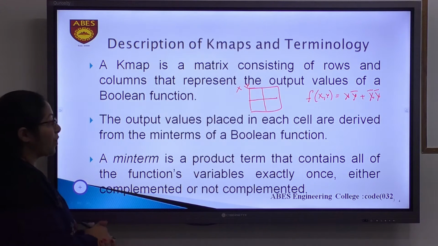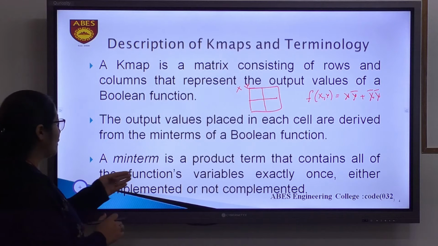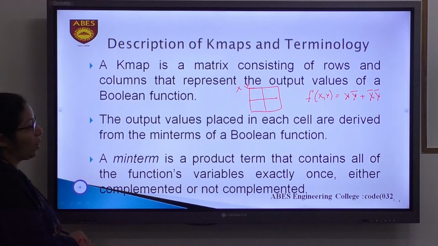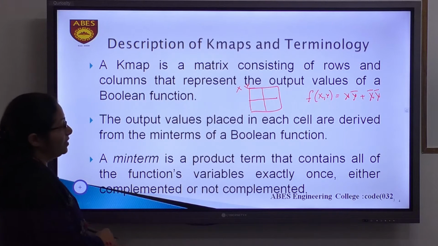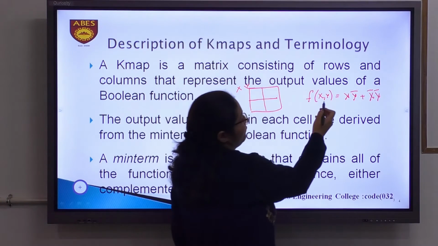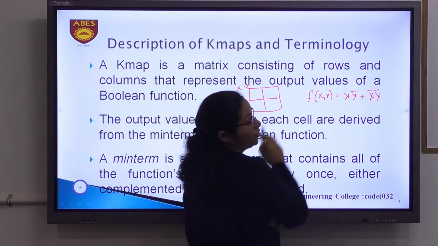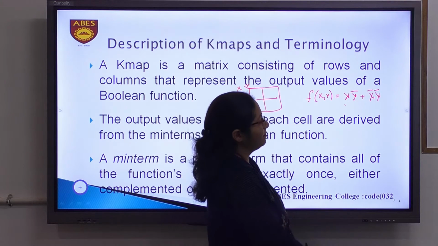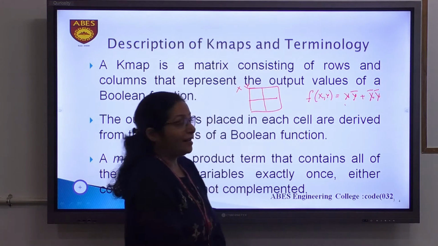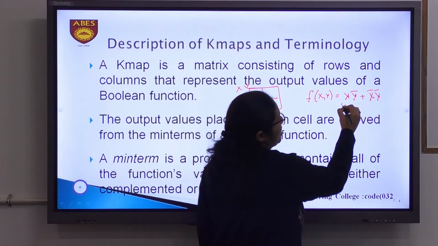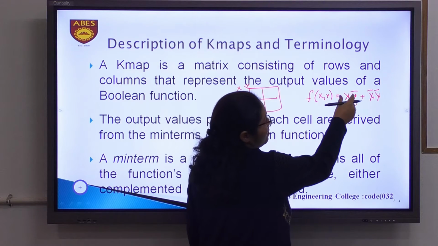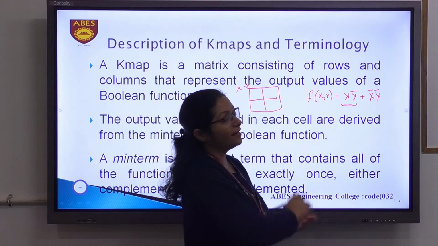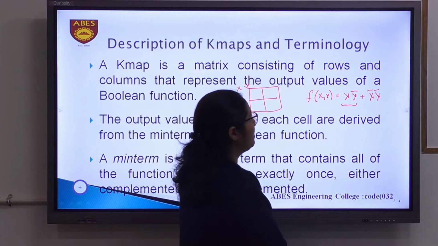A minterm is a product term that contains all of the function's variables exactly once, either in complemented or not complemented form. Here, as I said, we have a function f having two variables x and y, and the expression is x y bar plus x bar y. Now this is a minterm because each term contains both the variables of the function either in the direct form or in the complemented form.